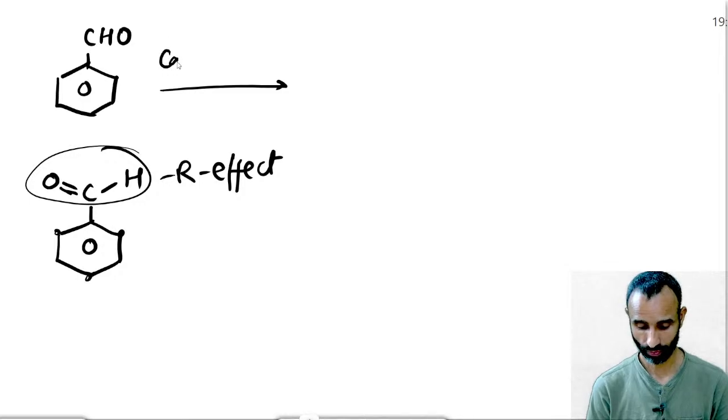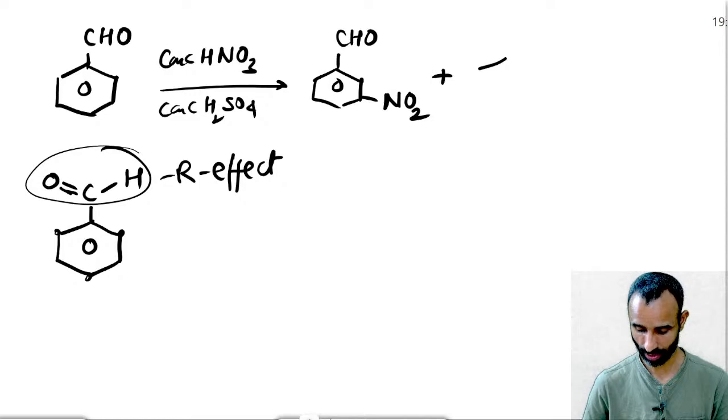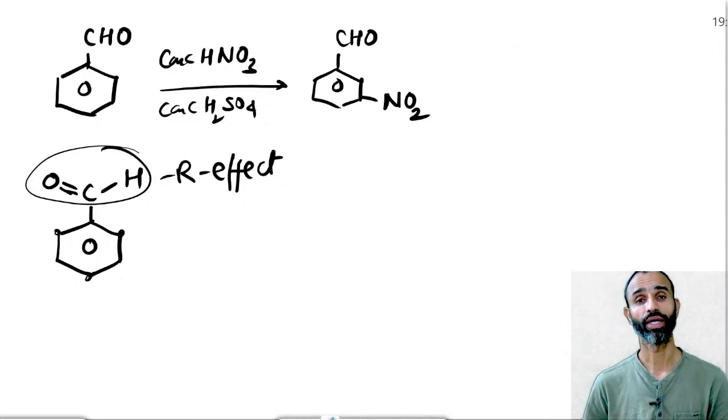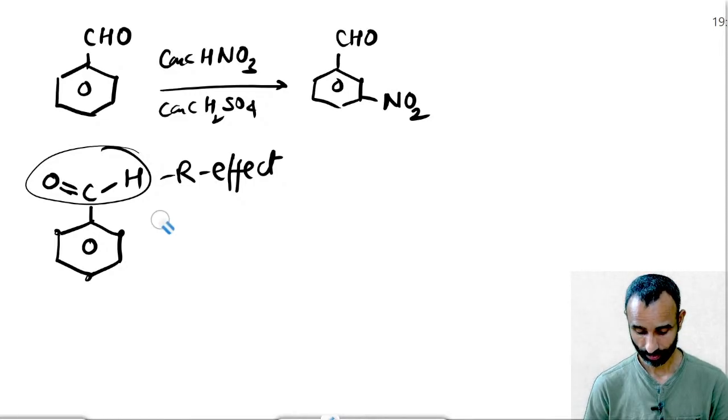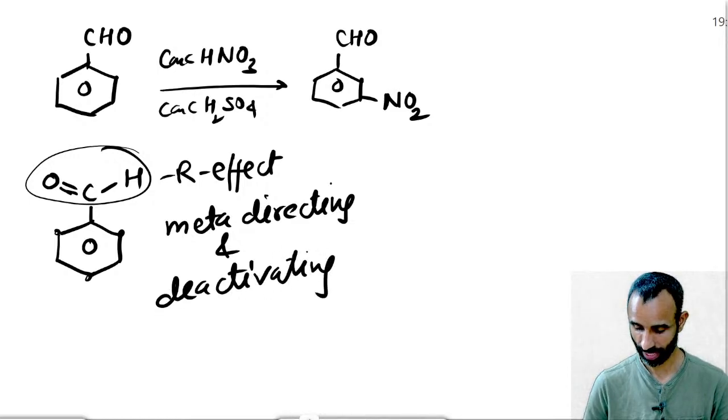So if an electrophile attacks, it will attack definitely at the meta position. So we get meta nitrobenzaldehyde, because it is meta directing and deactivating.